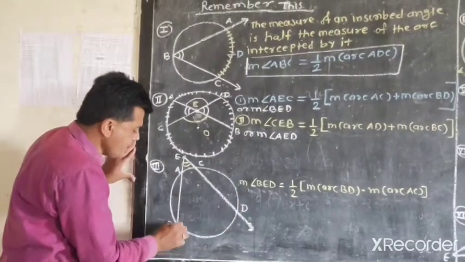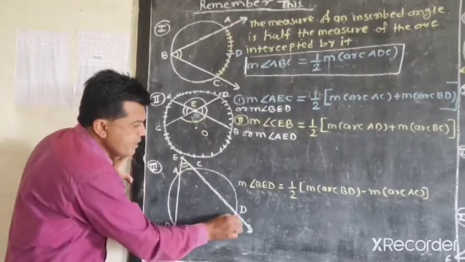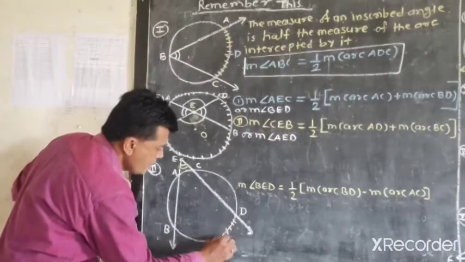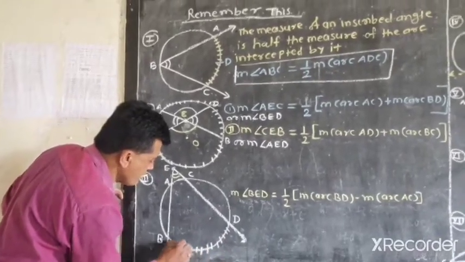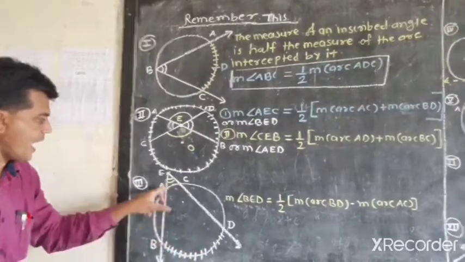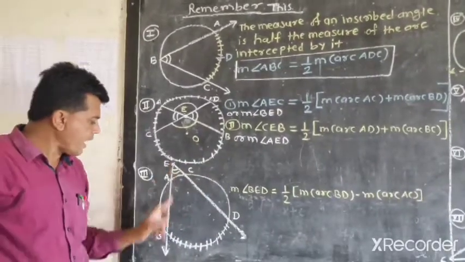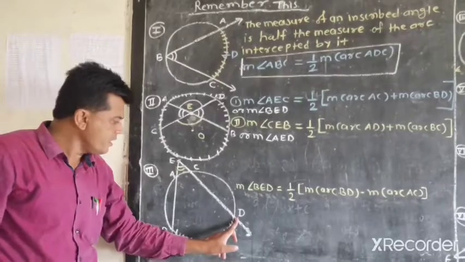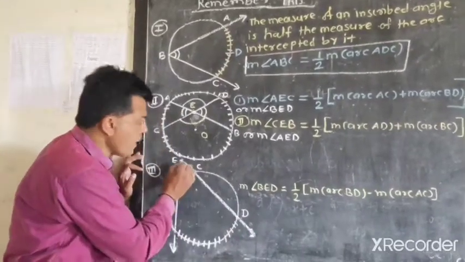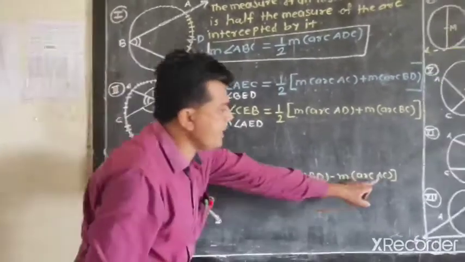Then we have to find angle BED, which is half the measure of the arcs intersected, two arcs, BD and AC. The measure angle BED is equal to half of measure arc BD minus measure arc AC.